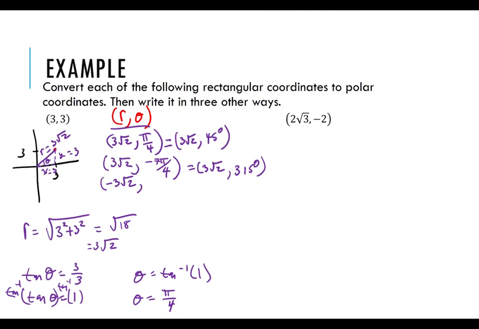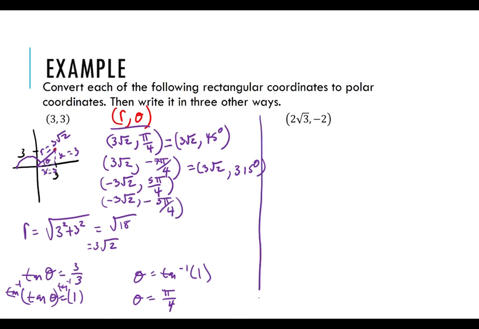Alright, so if I do negative 3 root 2, negative 3 root 2 is somewhere over here. I could do positive rotations from here to here, and that would be 5 pi fourths. I could also do my rotational angle this way, which would be negative 3 pi fourths. And so recognize multiple ways to write this.